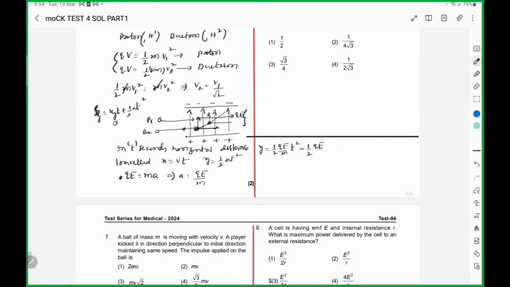In place of t, I will write x square by v square. From this, I can say Y is proportional to, because charge is same, electric field same, x square by v square.